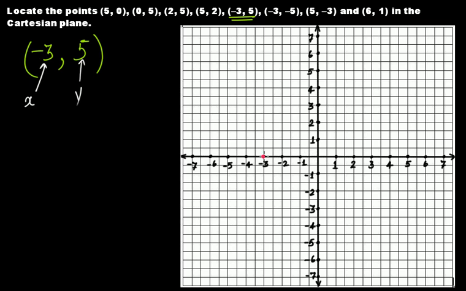So we are here, and now we have to travel 5 units on the y-axis. So from this point travel 5 units in the direction of the y-axis. So 1, 2, 3, 4 and 5. This comes here. So if we connect it, it's something like this.